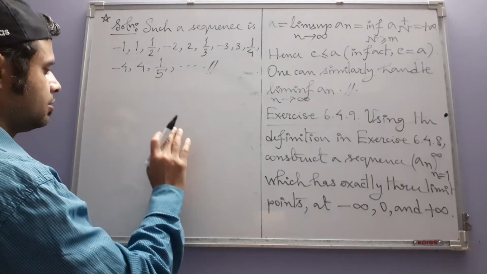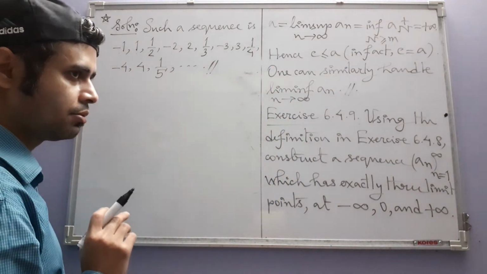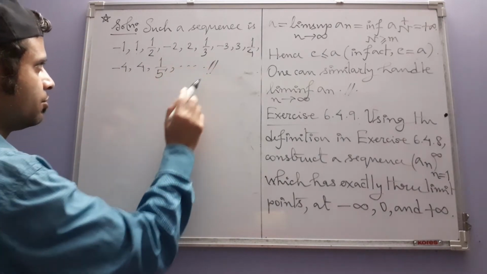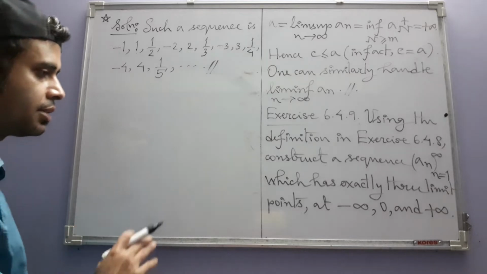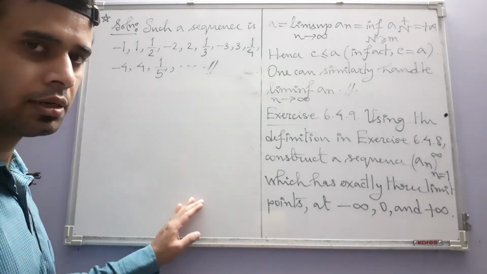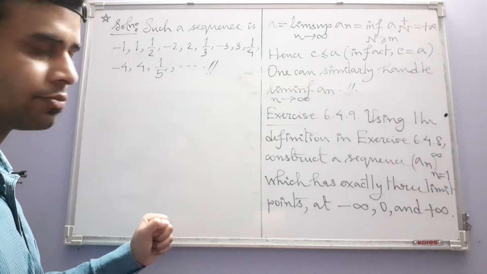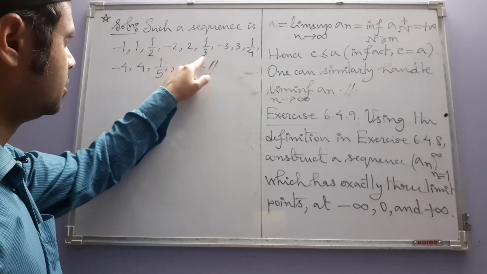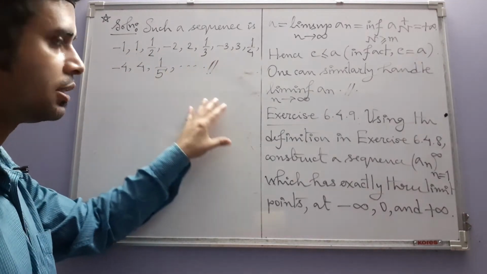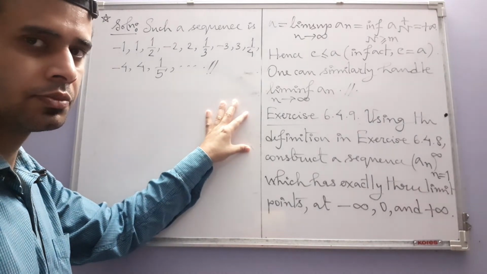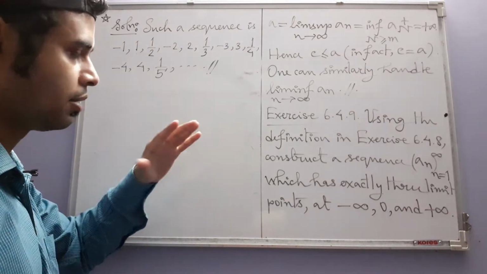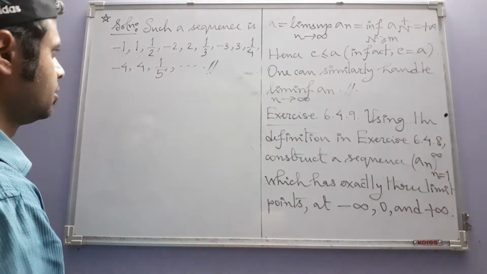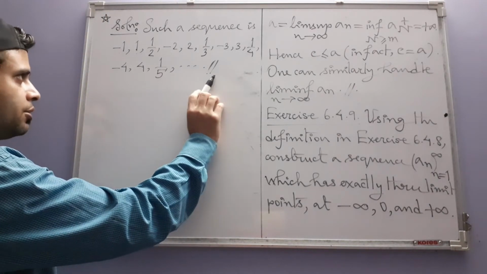Just like that, the sequence also does not have a finite upper bound because of 1, 2, 3, 4, etc. So -infinity and +infinity are both limit points of this sequence, and a part of the sequence is going towards 0. So 0, of course you have to show using the actual definition of limit point that 0 is also a limit point of this sequence.